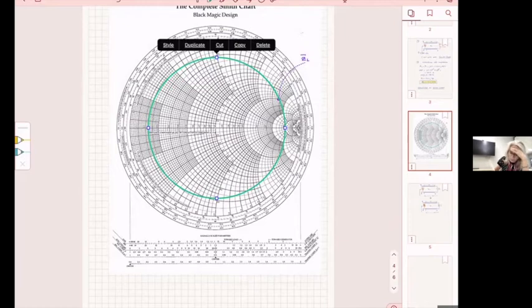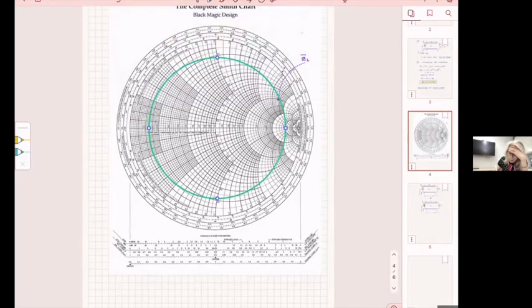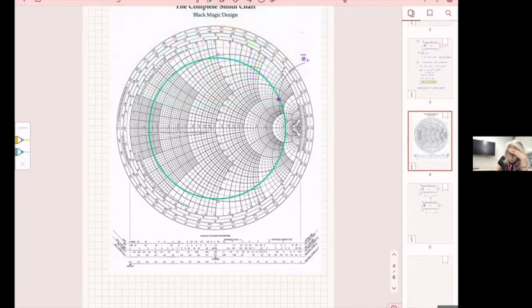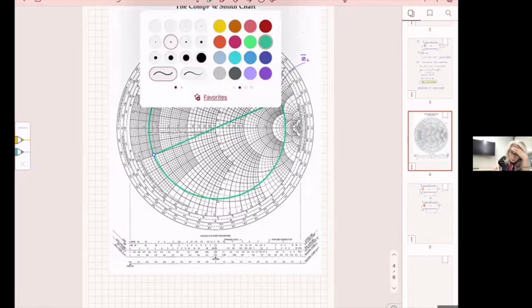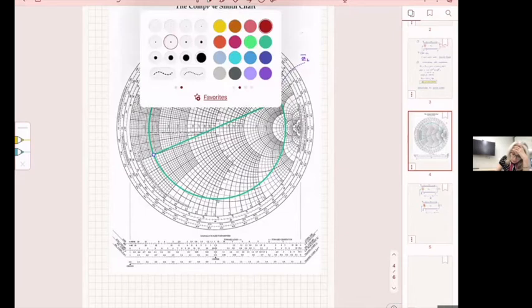All right, so from here, which is the purple, I will have to draw the diameter that goes through that point. Here, that's YL. So let me put YL here.